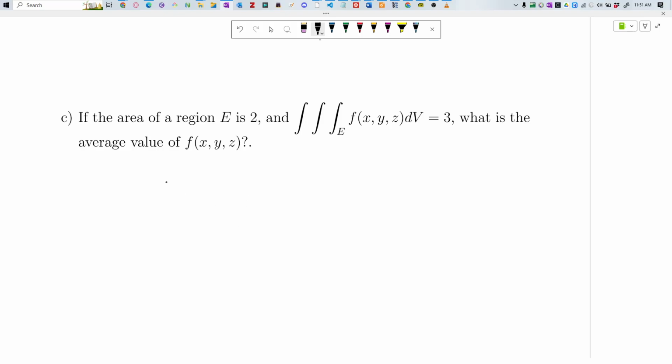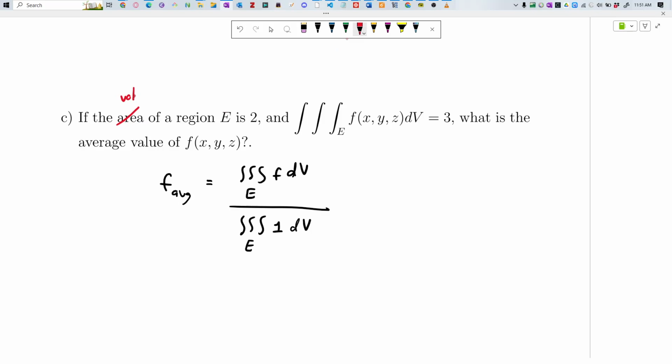Okay, right, so this just requires you to remember the definition of the average value of the function on the domain. It's the triple integral of the function, specifically over E, divided by the volume of the region E. Word choice is incorrect here.